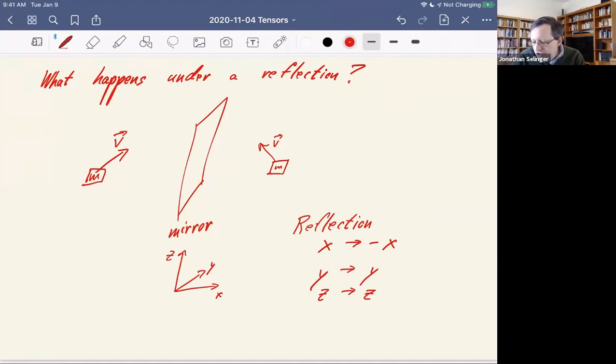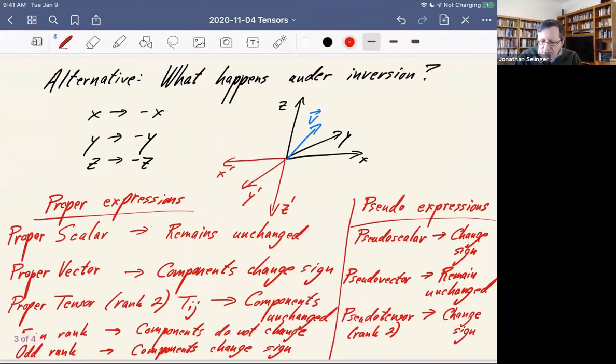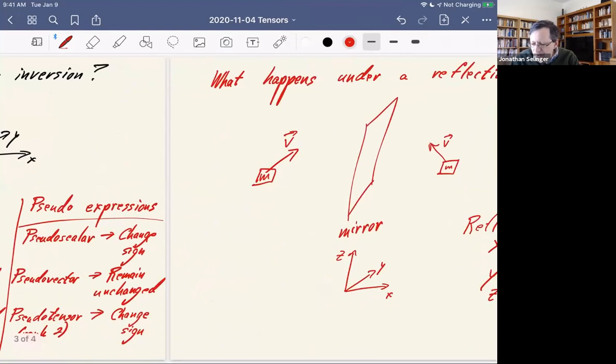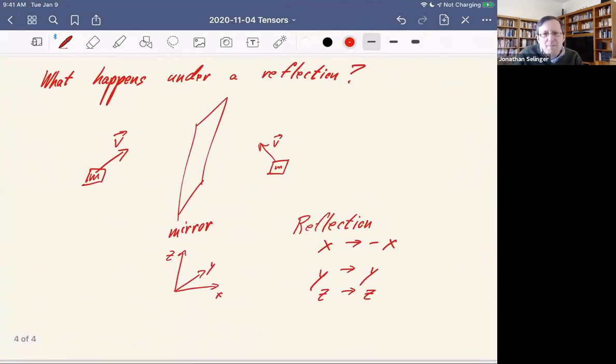So it's a little bit different from the inversion, right? With the inversion, all three of the coordinates are changing sign. With the reflection, only one of them is changing and the other two are staying the same.